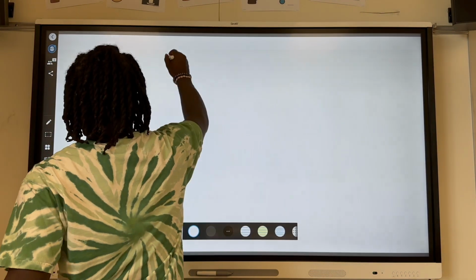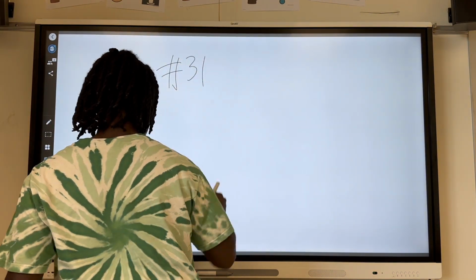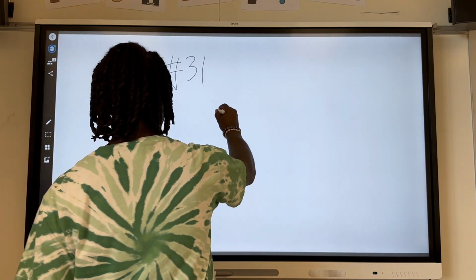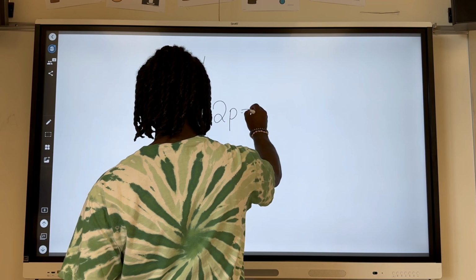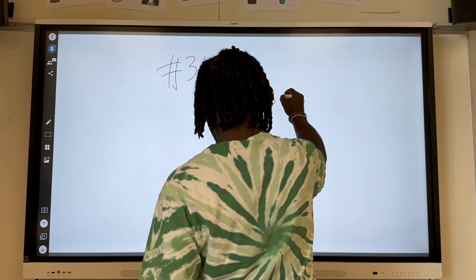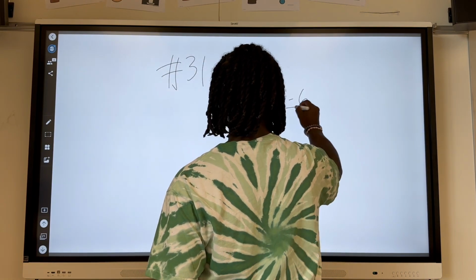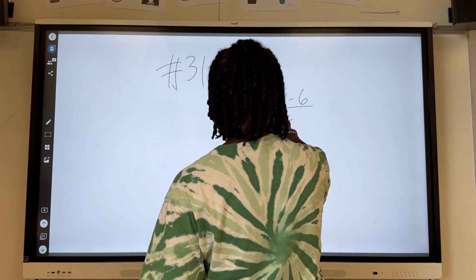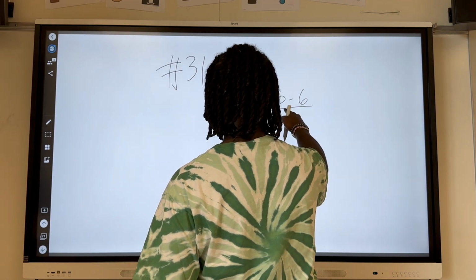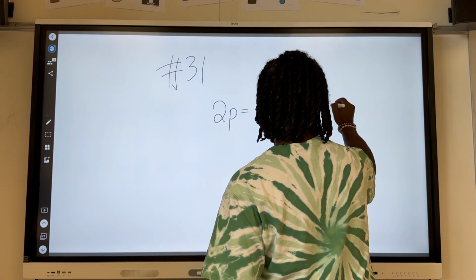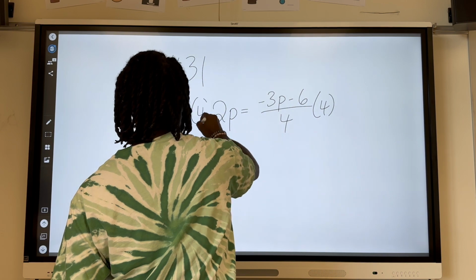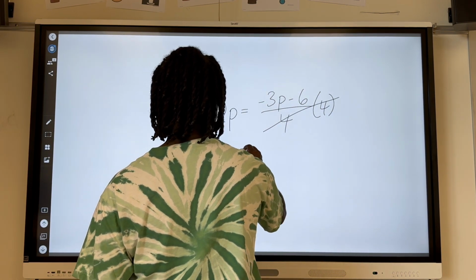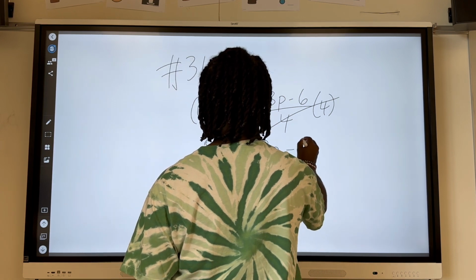All right, and then last two, question number 31. Same thing, I'm doing the inverse operation. Got to get the p's by itself, but first I'm going to multiply this by 4 to move that over to the other side. So times 4, times 4, this is going to cancel, leaving me with 8p equals negative 3p minus 6.